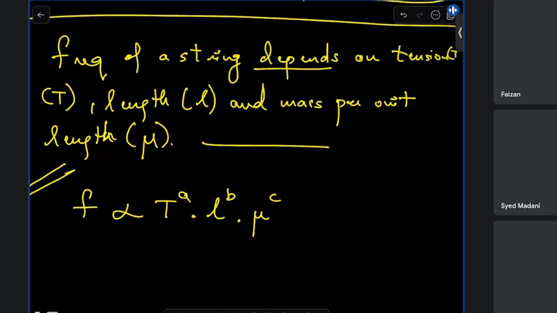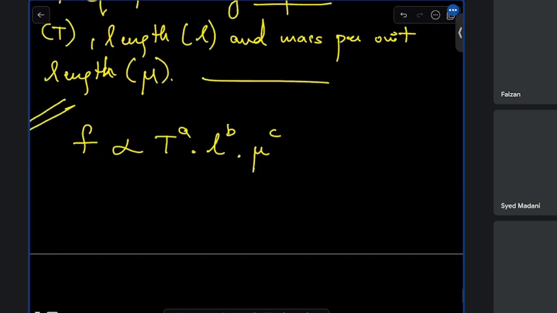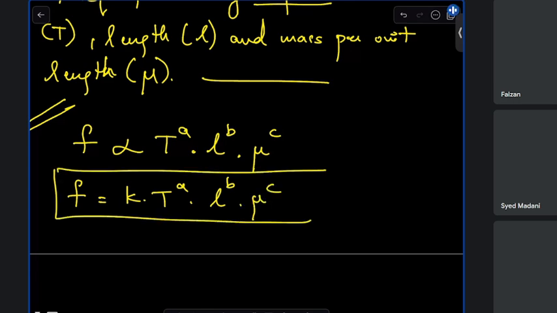Now focus. I do not want the relationship in terms of the proportionality symbol. I'll remove it, put an equal to, and bring k into the picture: F equals k T^A l^B mu^C. This is my equation.